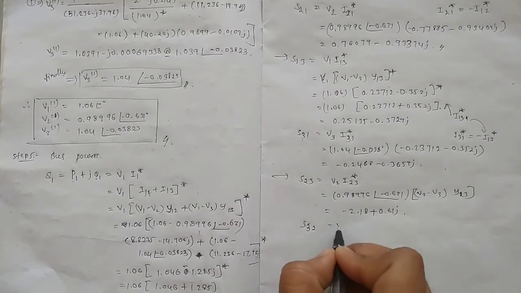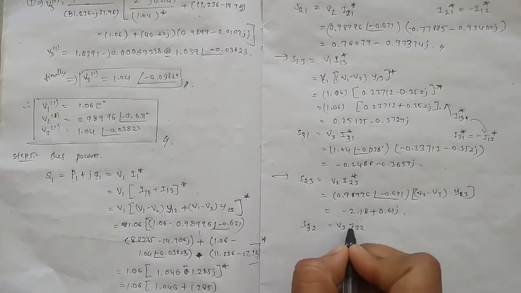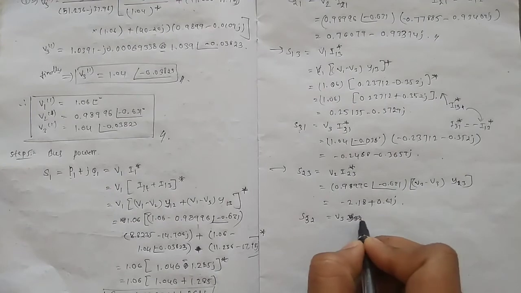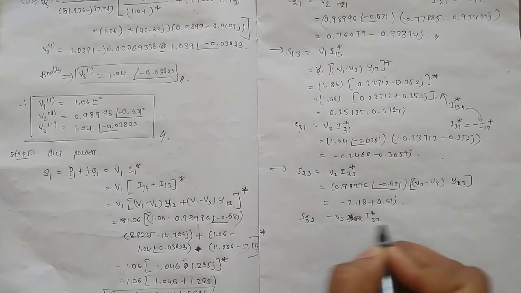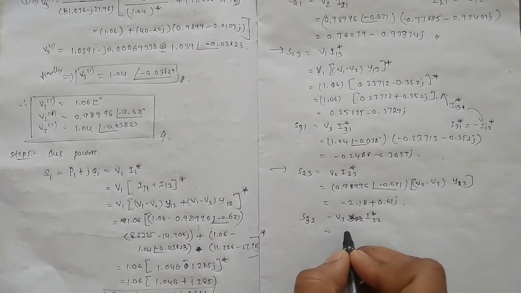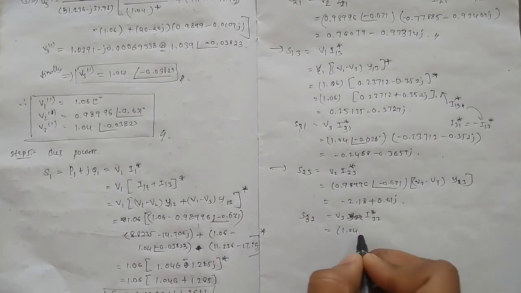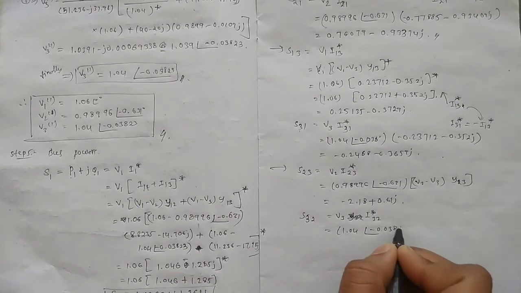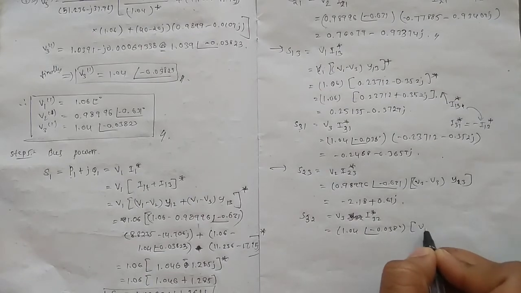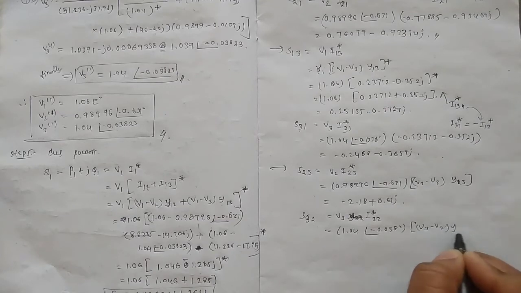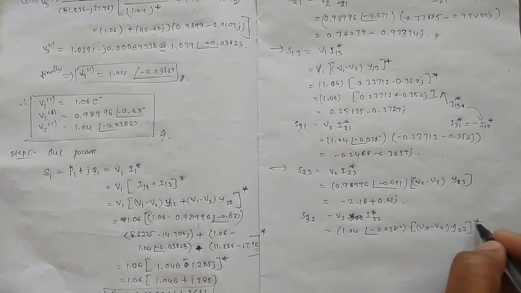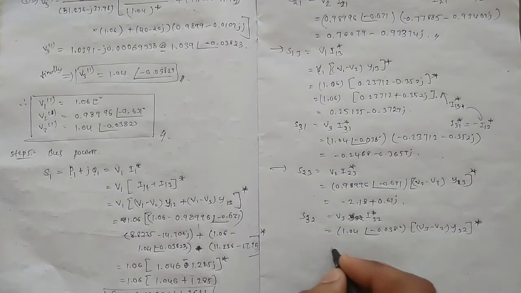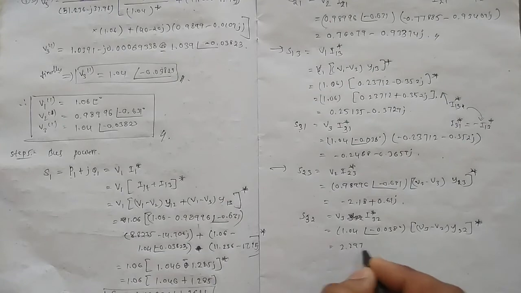Similarly for S32, V3 into Y32, I32 conjugate, 1.04 angle of minus 0.38 and V3 minus V2 Y32 whole complex. This I forgot to write, whole complex. Answer, you'll get the final answer as 2.297 plus 0.616J.